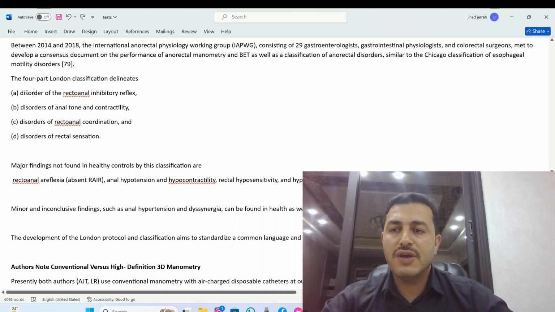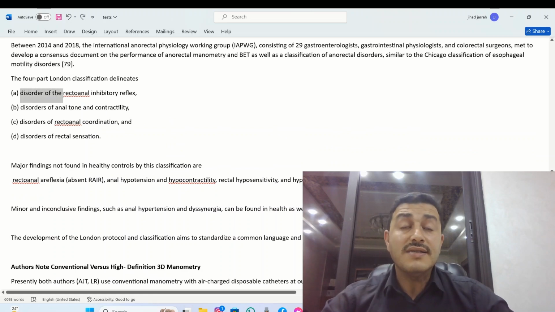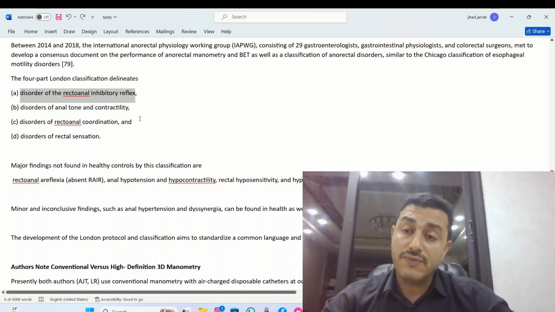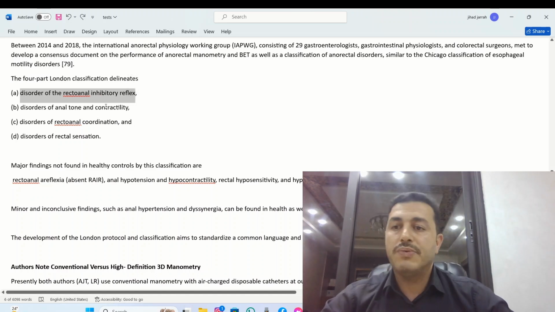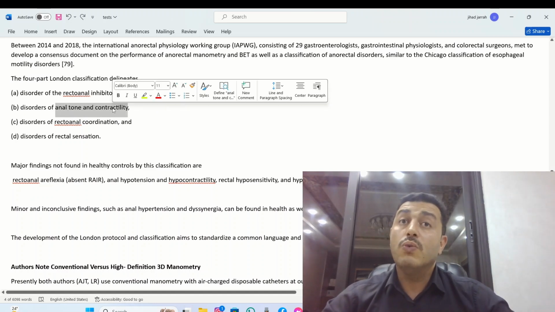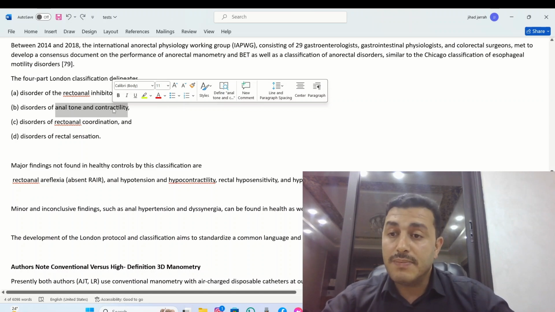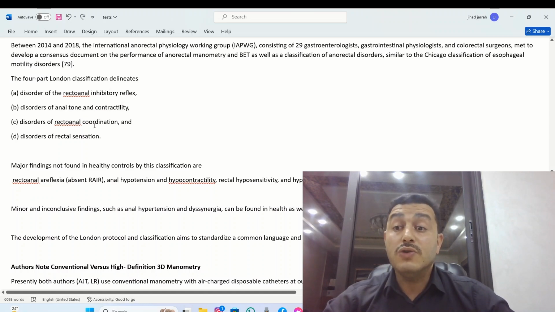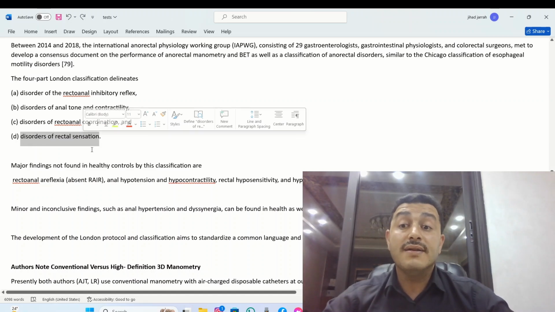These consist of the 4 parts of the London classification: disorders associated with the rectoanal inhibitory reflex, for example Hirschsprung disease; disorders associated with anal tone and contractility, when we talk about squeeze pressure and resting pressure; disorders of rectoanal coordination, when we talk about simulated defecation; and disorders of rectal sensation.